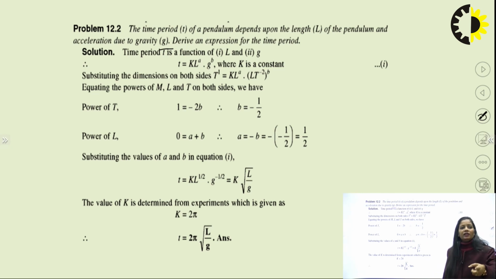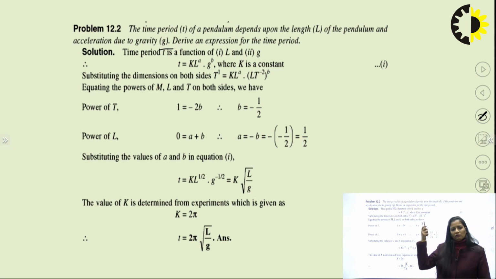That means time is your dependent variable and the others are your independent variables. So when we write an equation, we first need to identify what is dependent, what is independent, and which variables are involved in that particular phenomenon.